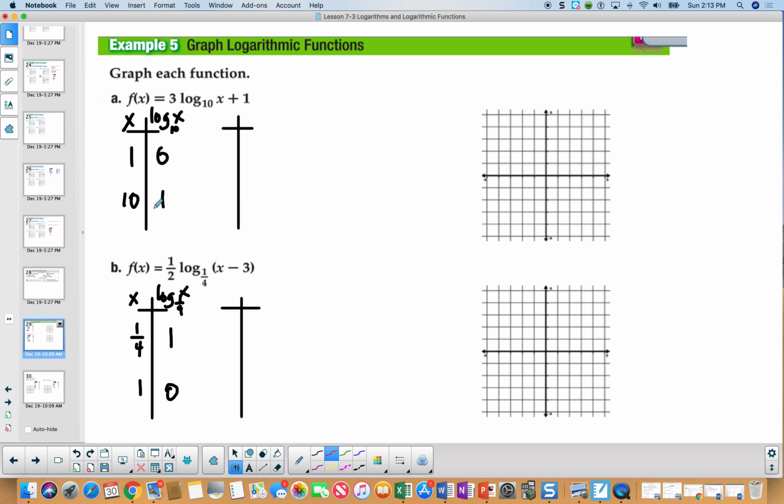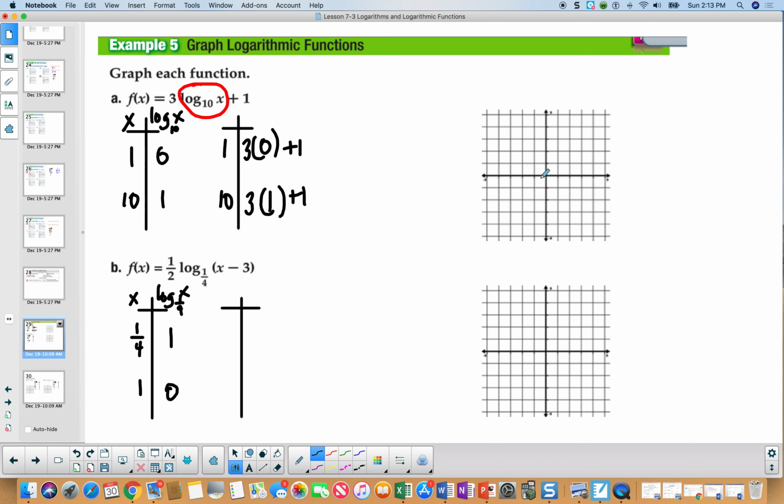Now, I've put the points down for my parent function. Here's my parent. And what I want to do is find some new points here. I'm going to notice that the x does not change, so it's 1 and 10. This tells me to multiply by 3 and then add 1.